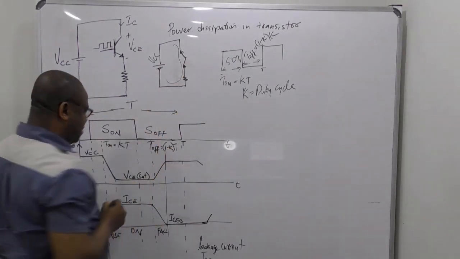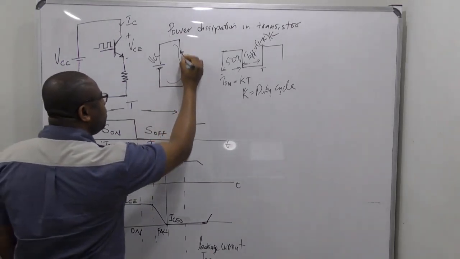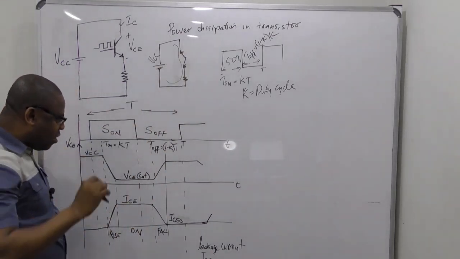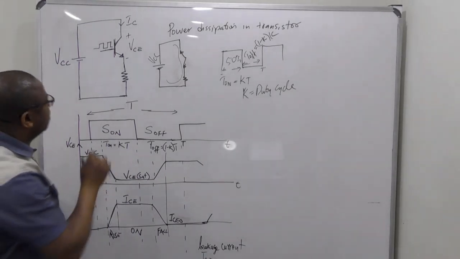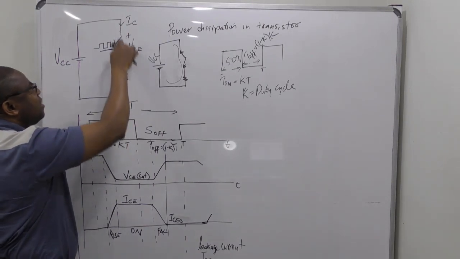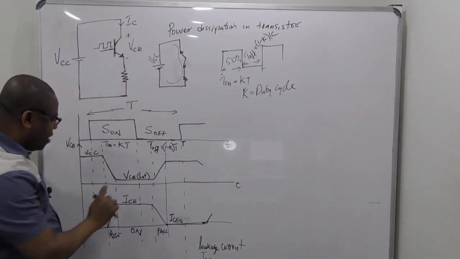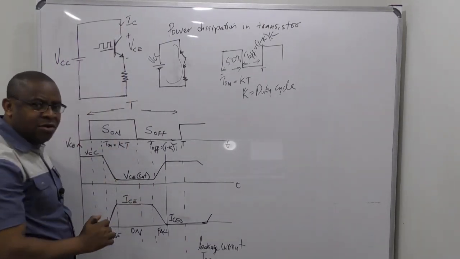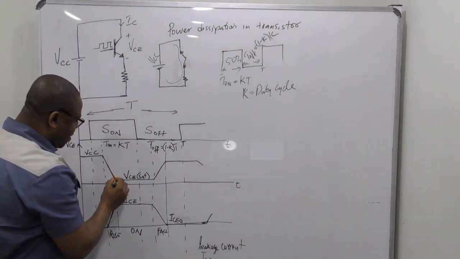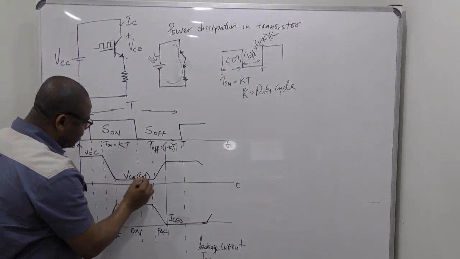You've closed it, but there will be a small amount of voltage across this that we call the saturation voltage, VCE across the collector and emitter. So it's supposed to be 0, but it is a small amount of voltage, the V saturation.